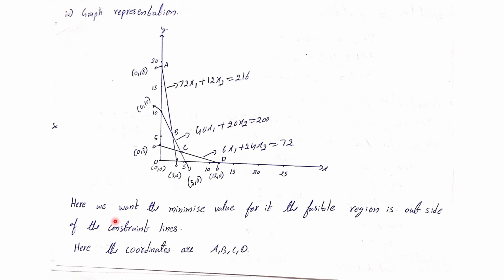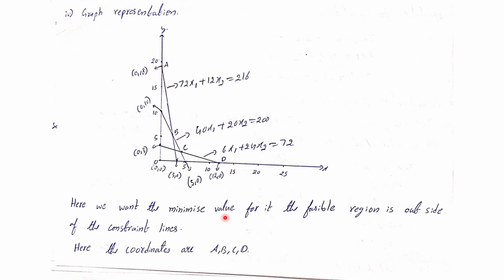Here we want to find the minimized value. That means we have to find the minimum value over the feasible region. In the previous video I explained what the feasible region is; you can refer there. Here for the minimum value, the feasible region lies outside the coordinate points.